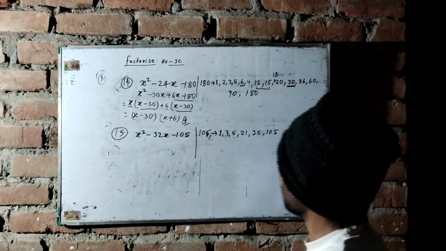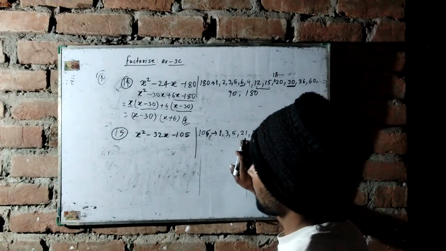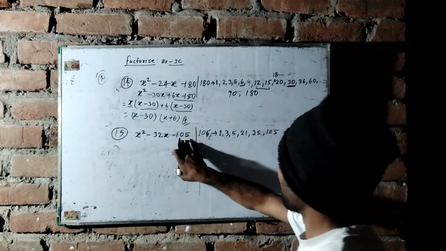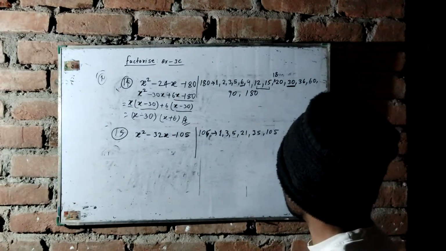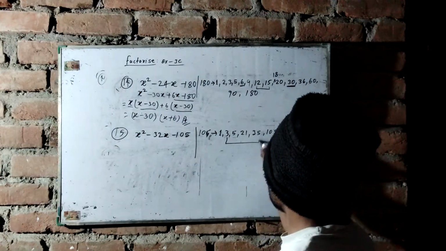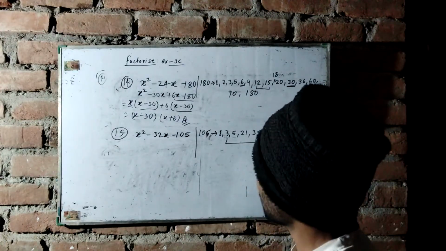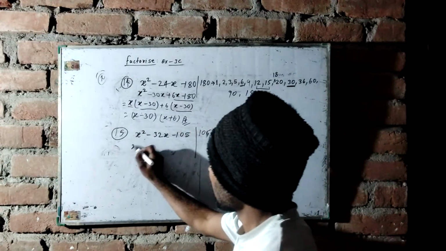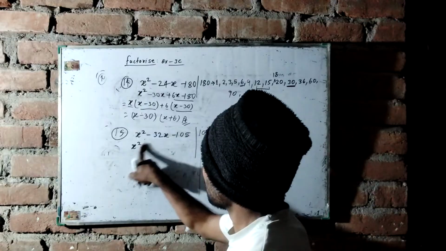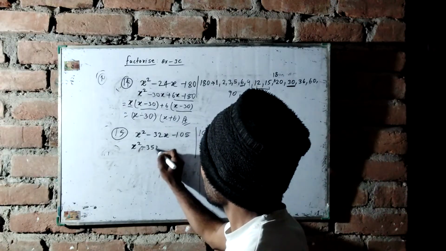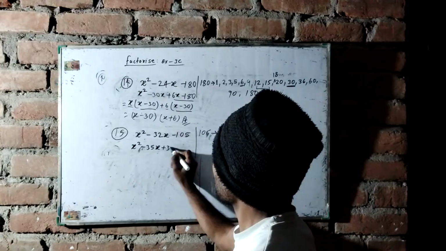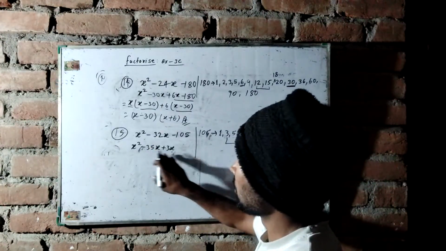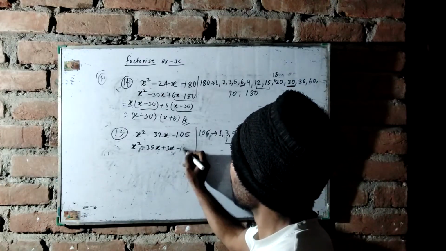Now we have to take two numbers whose sum or difference will be minus 32 and their product will be minus 105. So we consider two numbers 3 and 35 whose sum will be minus 32 and their product will be minus 105. So we can write x squared minus 35x plus 3x, because their sum will be minus 32x and their product will be minus 105.